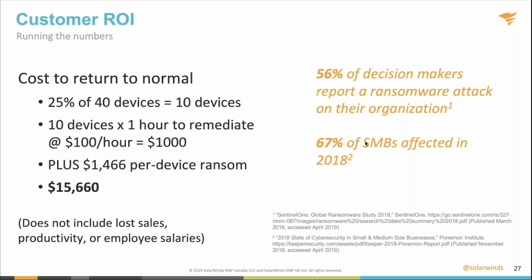The worst one is if you end up having to pay that ransom at an average of $1,466 per device. That brings you to a total cost of $15,660. And that is a huge pill for a business of that size, a business that only has 40 devices, to swallow in the case of some type of ransomware attack. And this doesn't even include the lost sales, the productivity, or employee salaries that they're also going to experience if they have an event of this type.